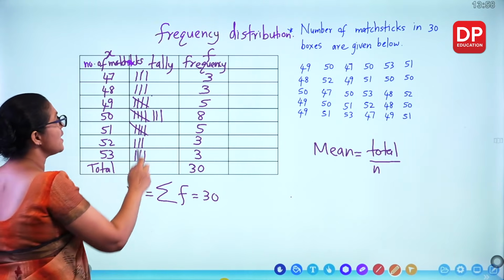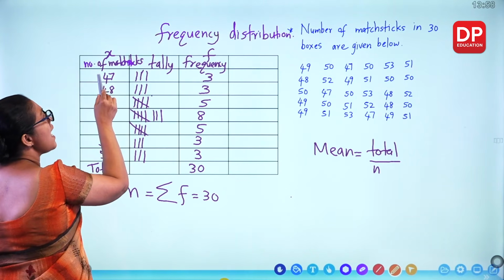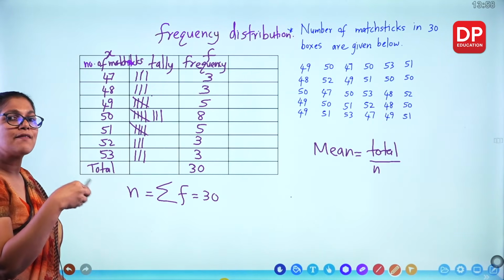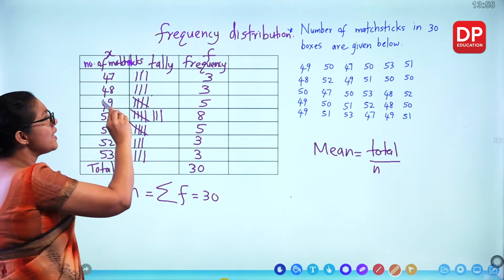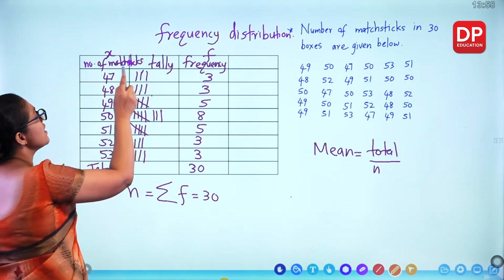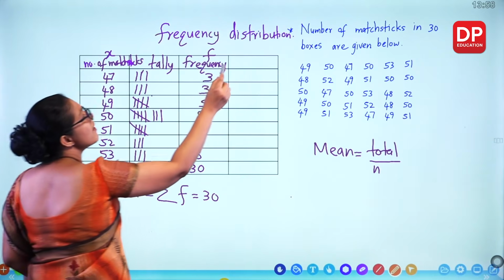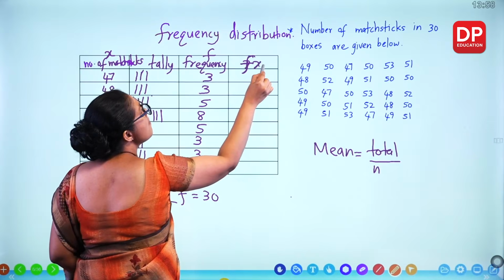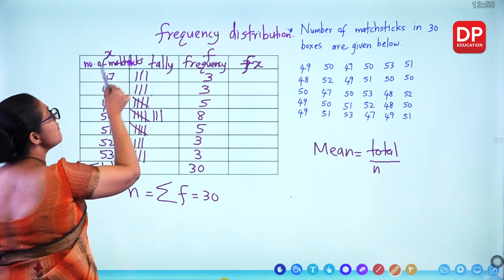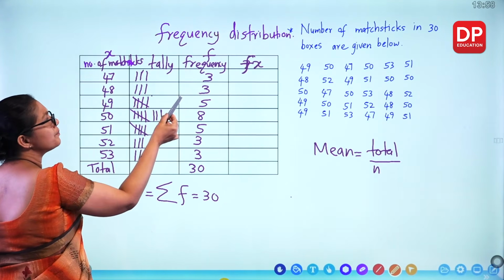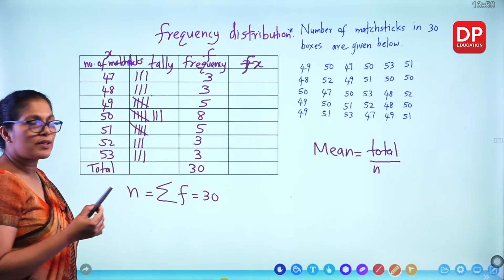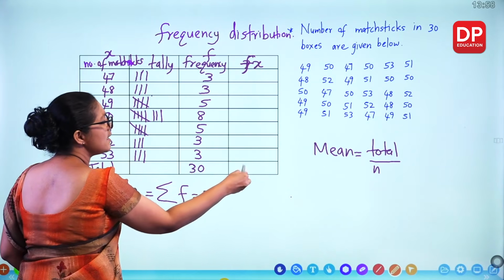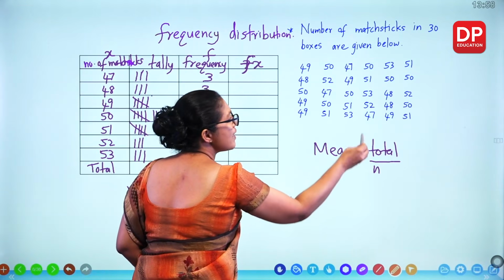Without adding 47 plus 47 plus 47, we can say 47 times 3. So we take multiplication, x into f, or fx. We multiply frequency with the x value, then you get the total for each part. And then when you take the column-wise total, you get the numerator value.